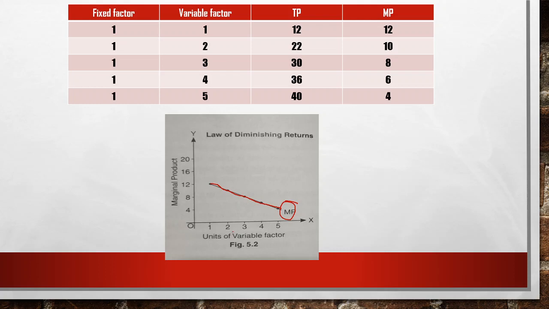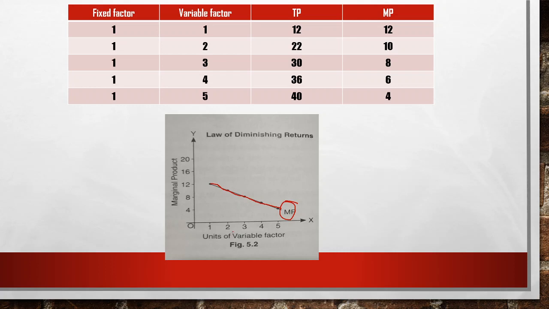So here we have discussed the law of variable proportion and the law of diminishing return, both of which are short run laws. Here some factors are kept fixed and some are variable.